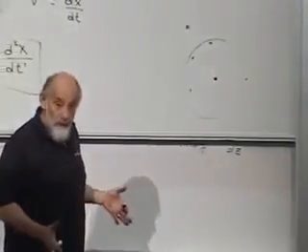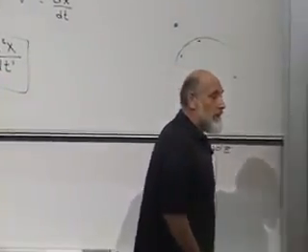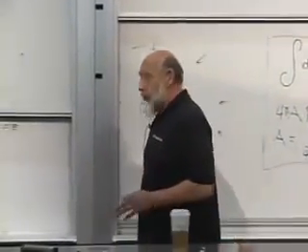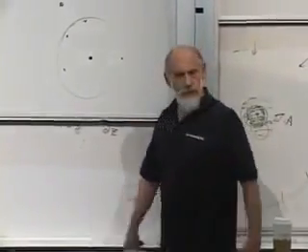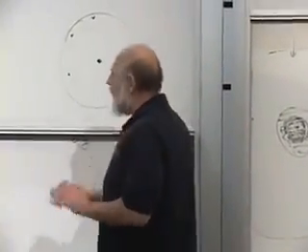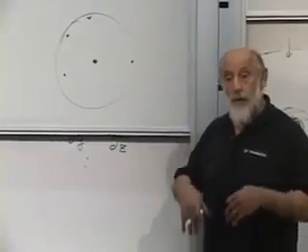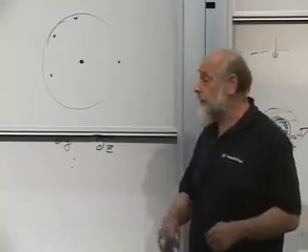It's a great piece of luck for him, because without it, he couldn't have solved his equations. He had an argument. It may have been essentially this argument. I'm not sure exactly what argument he made. But he knew that with the 1 over r squared force law, and only the 1 over r squared force law, it wouldn't have been true if it was 1 over r cubed, 1 over r to the 4th, 1 over r to the 7th.